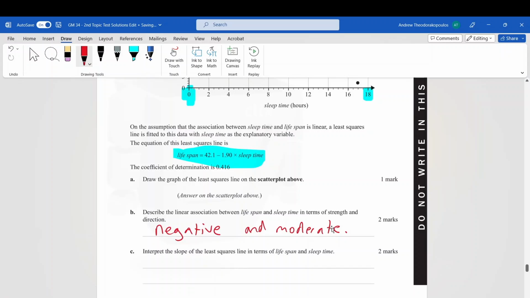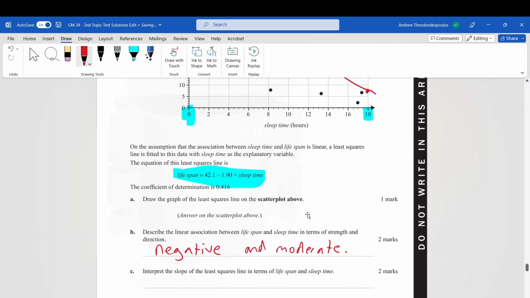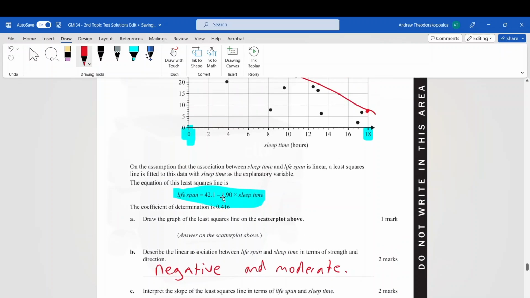Interpret the slope. When I see this, I'm really happy because I know how to interpret the slope as long as I can see this equation here.